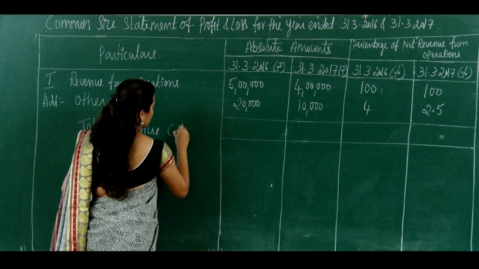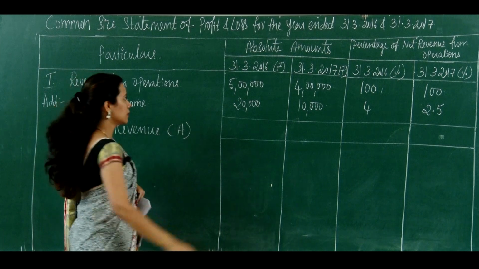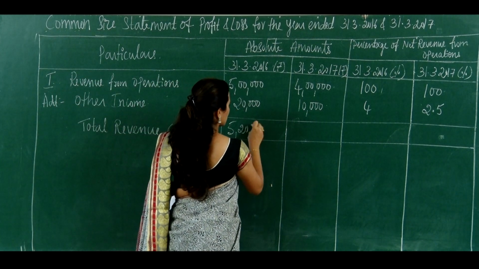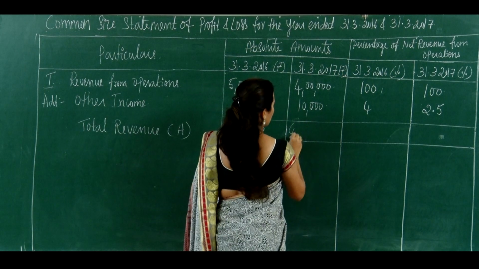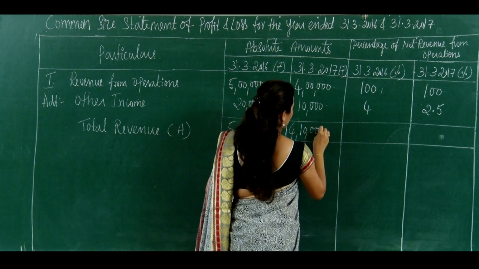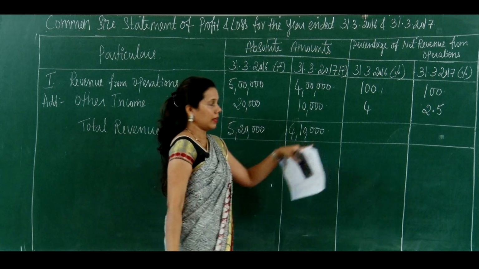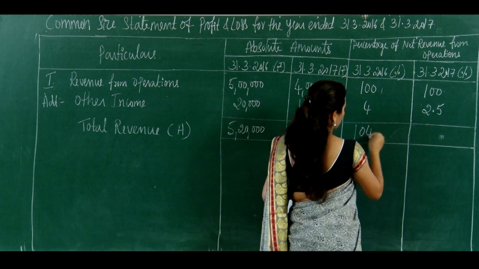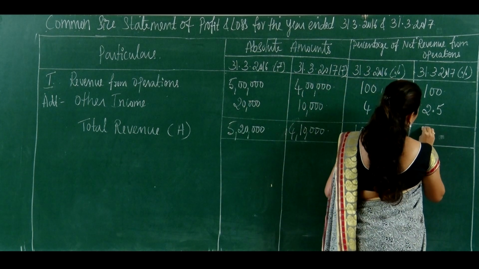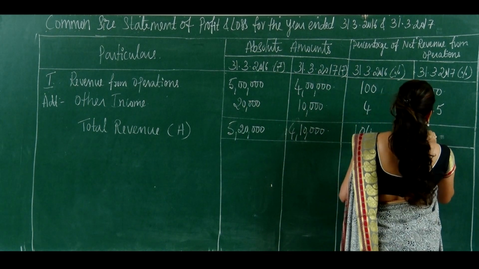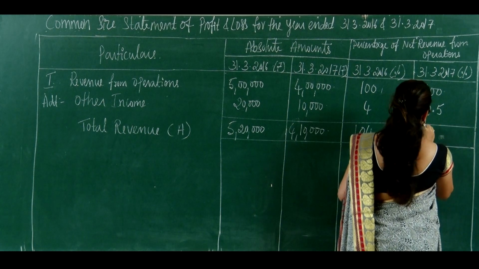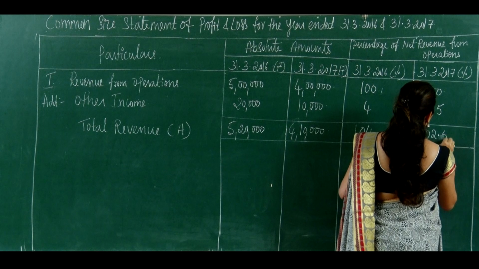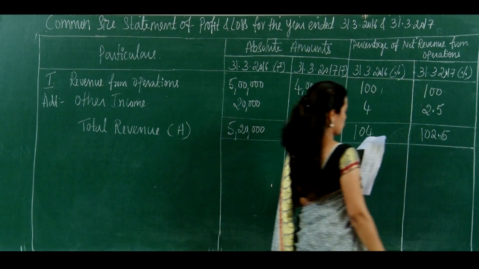You can also name it as A. Total it: 5,20,000 here, and 4,10,000 here, and you can also total your percentage column. It is 104% and this is 102.5%.